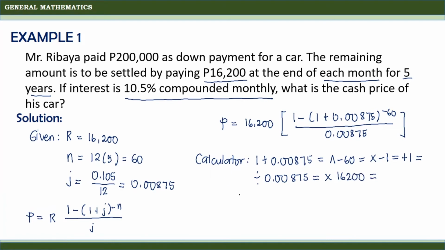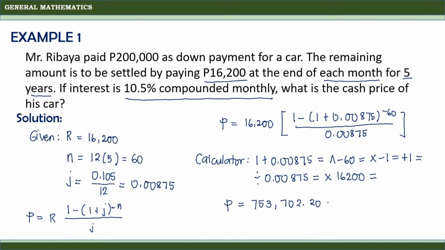When we do that, our calculator will show us the answer to be 753,702.20.